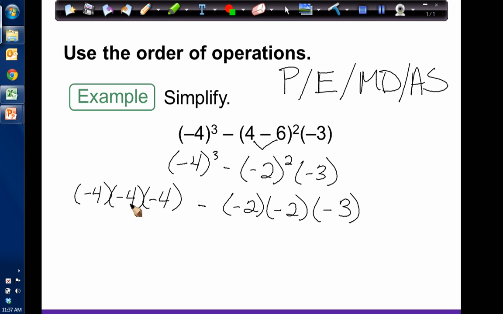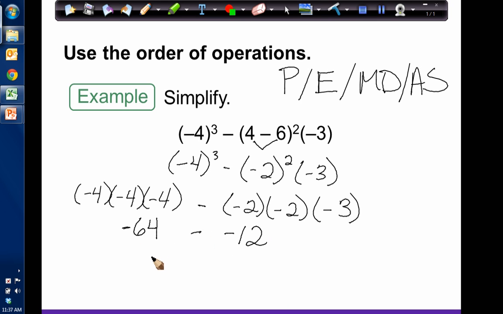So this is 4 times 4, which is 16, times 4 again, which is 64. And it'll be negative because we have 1 negative left over. Now minus, and over here we have 2 negatives and a third negative, so let's do negative 2 times negative 2 is positive 4 times negative 3 is negative 12.